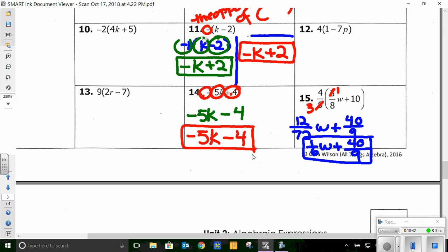So I can do that. I also can see I have 4 and 8. I can always take one numerator and one denominator. So 4 and 8 have a common factor of 4. 4 divided by 4 is 1, and 8 divided by 4 is 2. So now when I do that multiplication, I wind up with 1 times 1, that gives me 1, and 3 times 2 gives me 6.